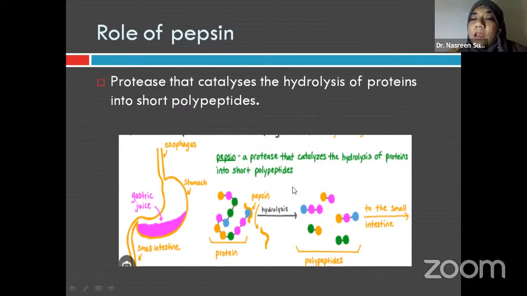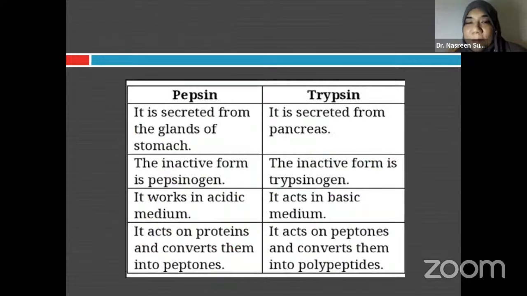From here the short polypeptides move towards the small intestine. So when the role of pepsin is asked, that is the main important function, but still you have to write something more. It is secreted from the glands of the stomach.